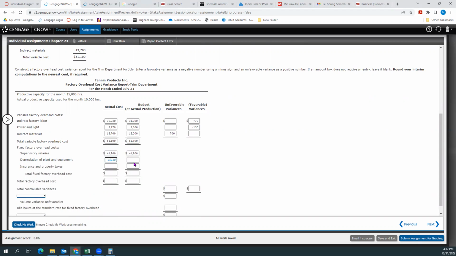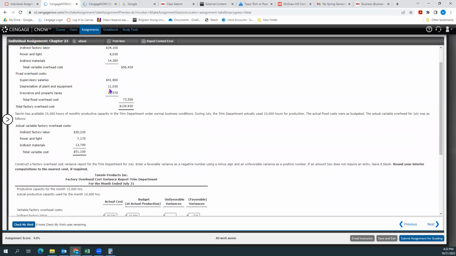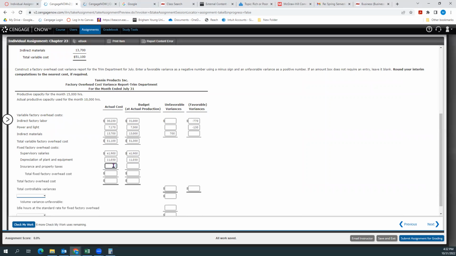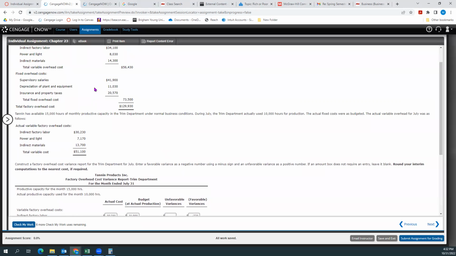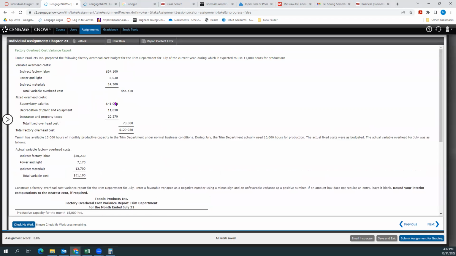Depreciation of plant equipment, 11,030. Insurance and property taxes, 20,570. So our total fixed factory overhead cost, let's see, 73,500.